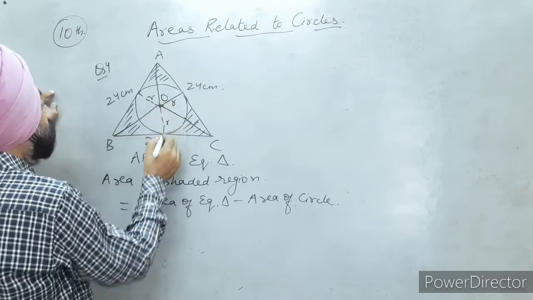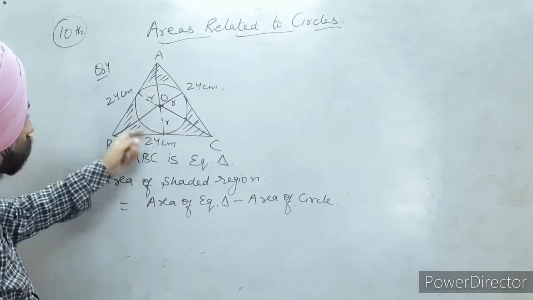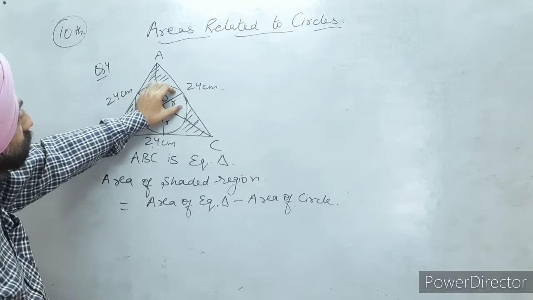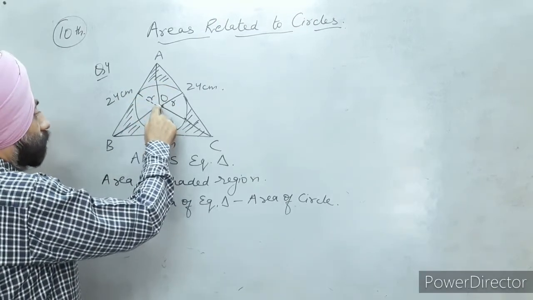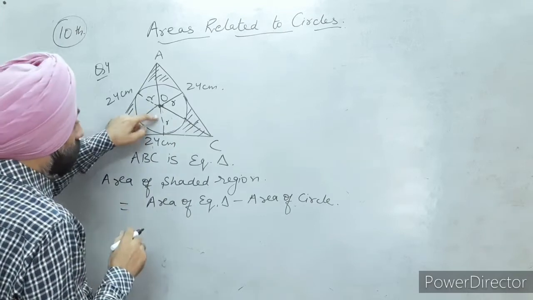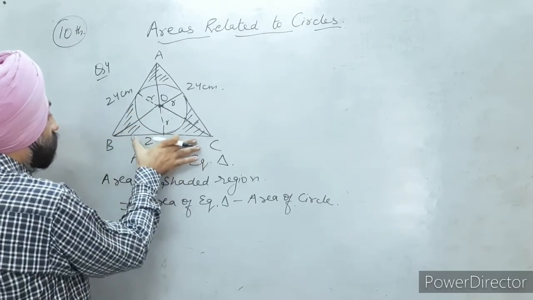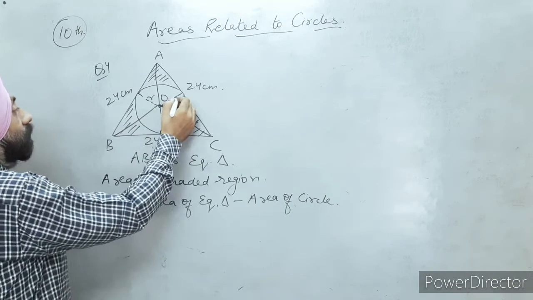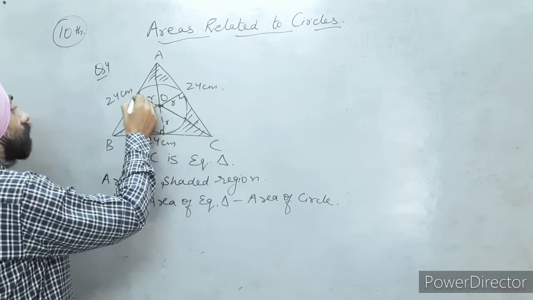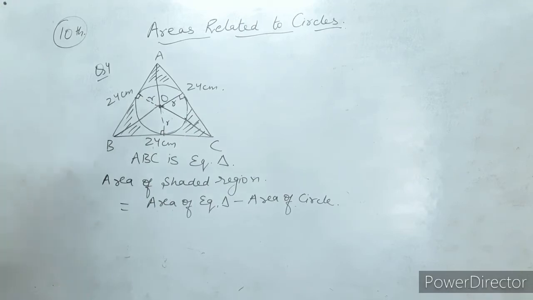O was the center of the circle. This is the radius, this is the radius. The perpendicular drawn from the center bisects this. This is a tangent, it is always at 90 degree, right?